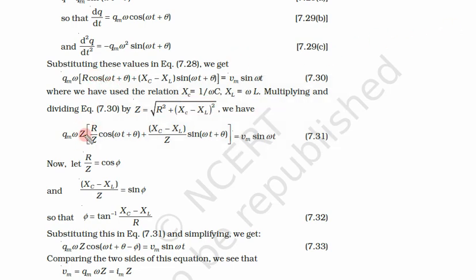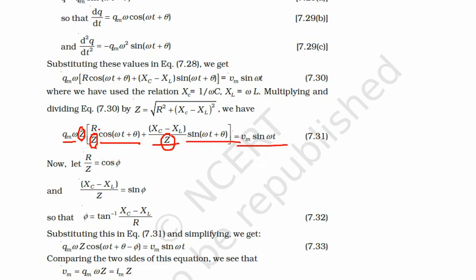We are multiplying and dividing by Z. So qm omega Z times R by Z cos omega t plus theta, and Xc minus XL divided by Z. We have multiplied and divided with Z. So this is our equation.